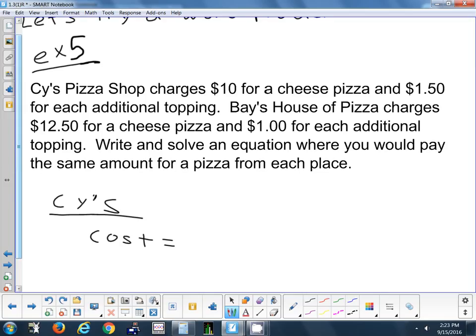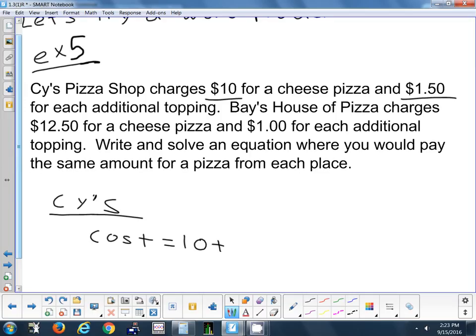Now, when you buy a pizza at Size, there's a price you pay one time, and then there's a price you pay over and over again, depending on something. Can anybody tell me which of these two you only pay once? Josh? Yeah, you only pay the $10 one time.